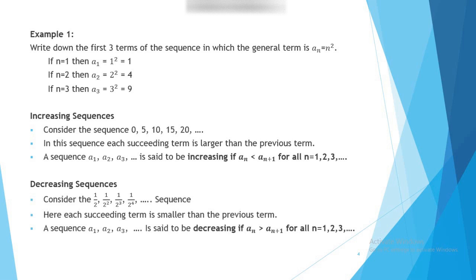The sequence a1, a2, a3, and so on is said to be decreasing if an is greater than an+1 for all n equals 1, 2, 3, and so on. So the previous term is always greater than the next term. That's how we get decreasing sequences. Let's move on to the next part.